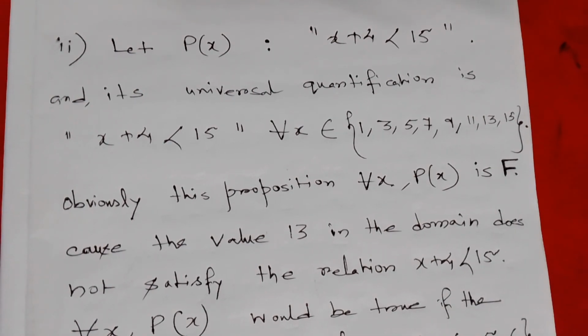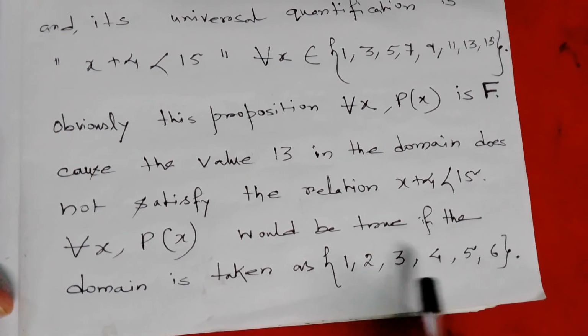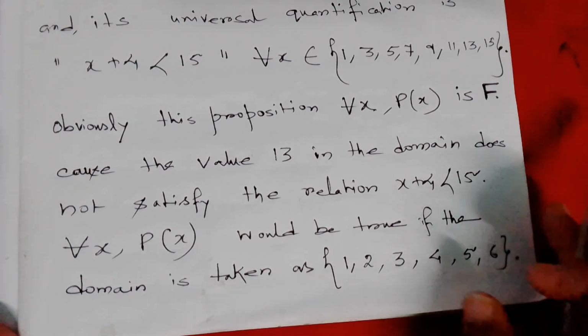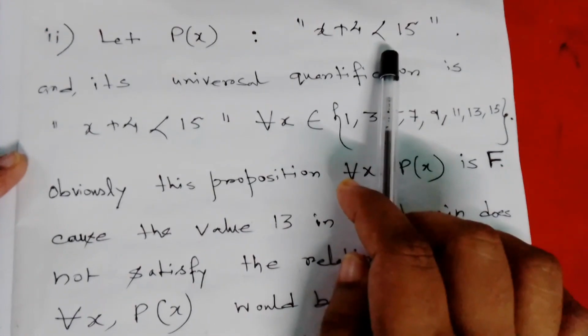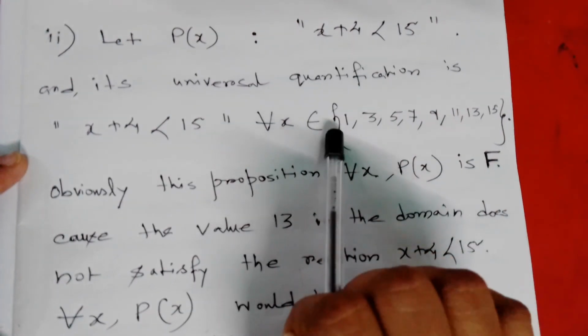The universal quantification would be true if the domain is taken as 1, 2, 3, 4, 5, 6. For this domain the condition will be satisfied, so the universal quantification will be true.